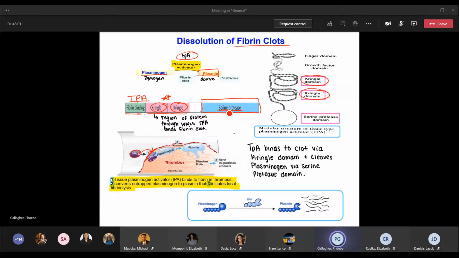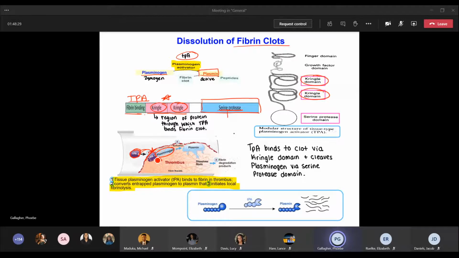Like we talked about serine proteases in the past, such as chymotrypsin or trypsin, same idea here. It's going to bind to the clot, weasel its way into the clot, and then find plasminogen, which is already associated within the clot, because when you have a blood clot, it has all the factors woven into the whole fibrin clot.